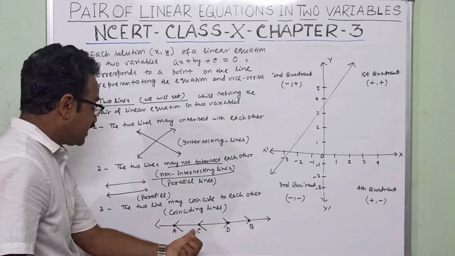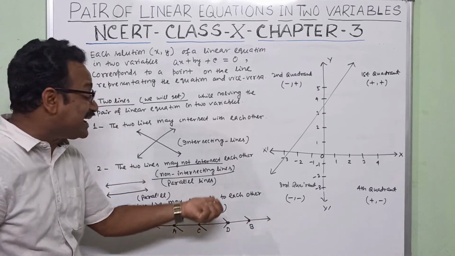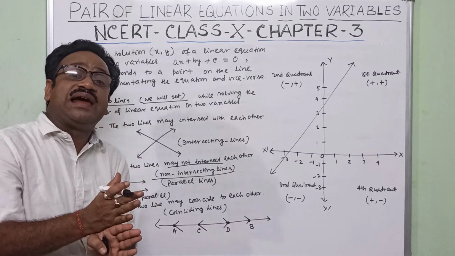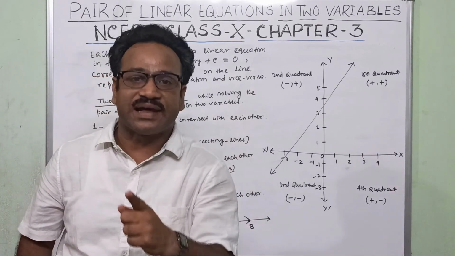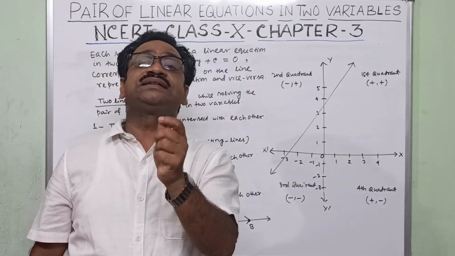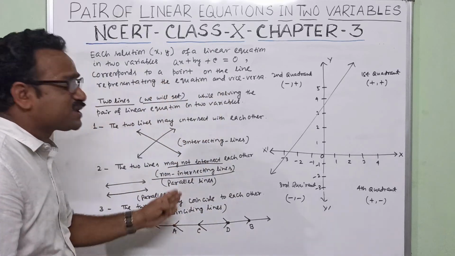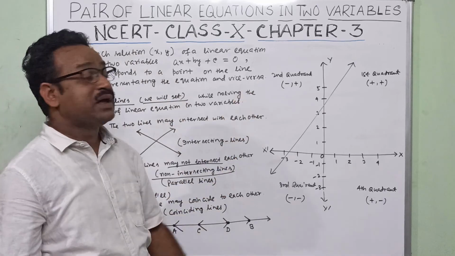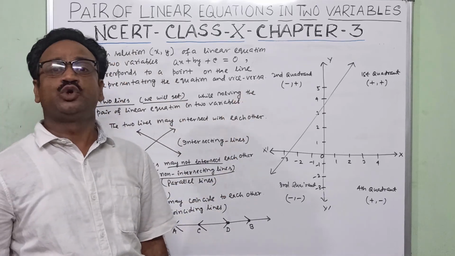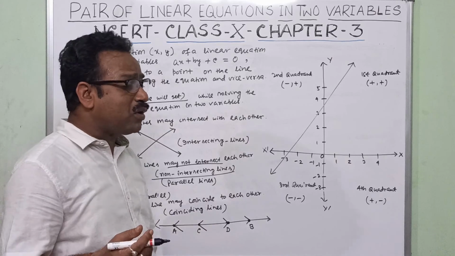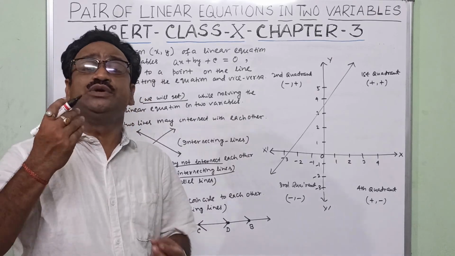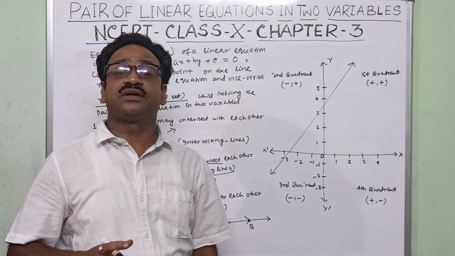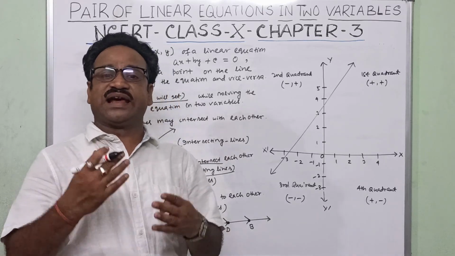So here we get two coinciding lines. That means one line is over another line, and it is assumed to be one line. So these are called coinciding lines. These are the possibilities we may get in the graph of the linear equations in two variables. More about the graphical solution of the linear equations in two variables will be discussed in the next part.